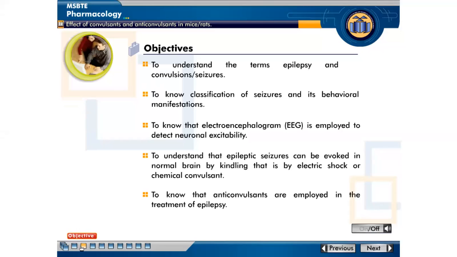The objectives of this experiment are to understand the terms epilepsy, convulsions and seizures; to know the classification of seizures and its behavioral manifestations; to know that the electroencephalogram, that is EEG, is employed to detect neuronal excitability; to understand that epileptic seizures can be evoked in a normal brain by kindling, that is, by electric shock or chemical convulsant; and to know that anticonvulsants are employed in the treatment of epilepsy.